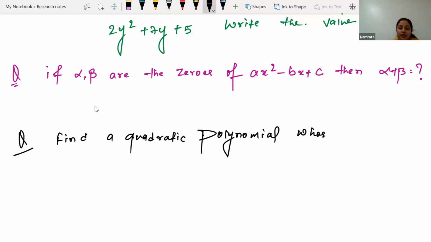Yes, it will be b by a because the negative sign is already there. So by mistake, we will not write minus b by a. It will be b by a because the standard form of a quadratic polynomial is ax square plus bx plus c. Okay, let's do the next one.